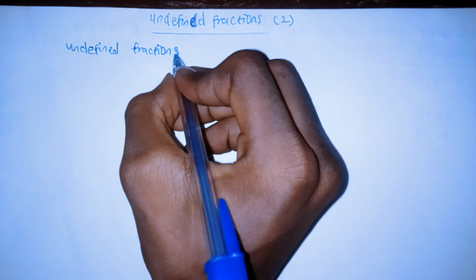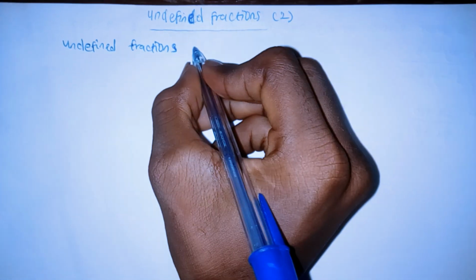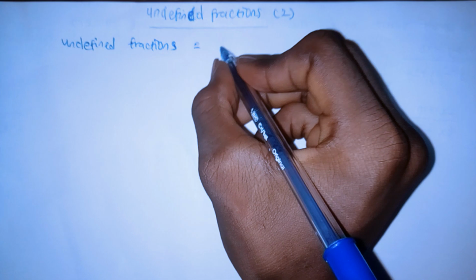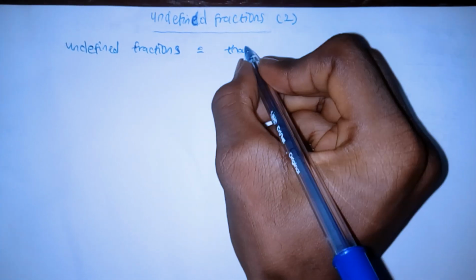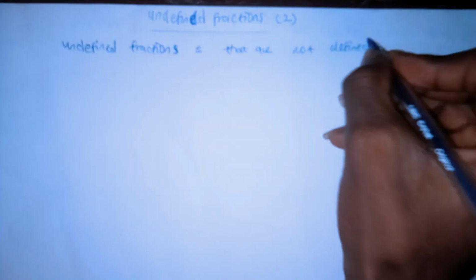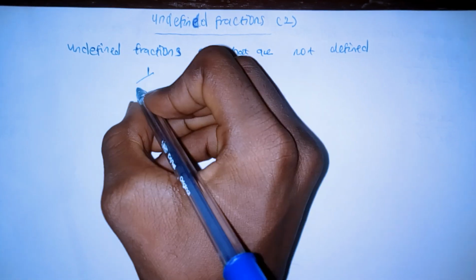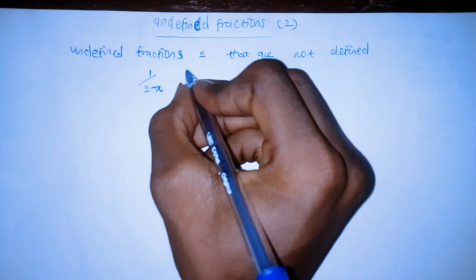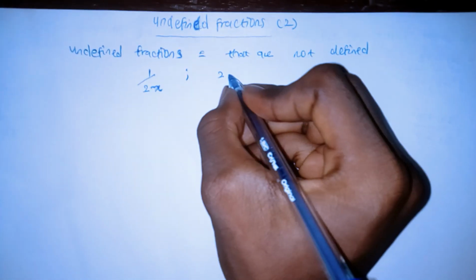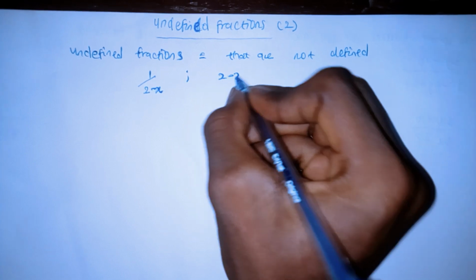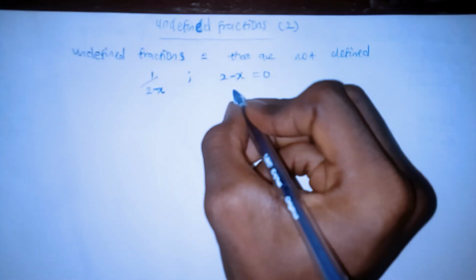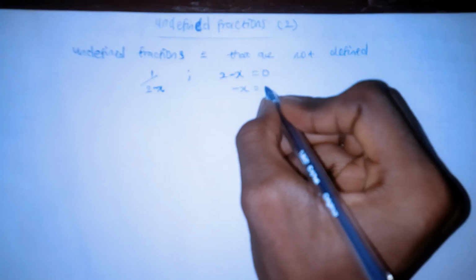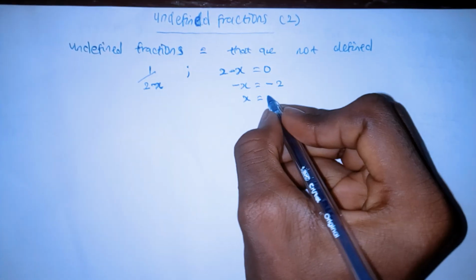From what we understand, undefined fractions are fractions that are not defined, which implies that a fraction like 1 over x minus 2 is undefined when 2 minus x is equal to 0, and minus x is equal to minus 2, and x is equal to 2.